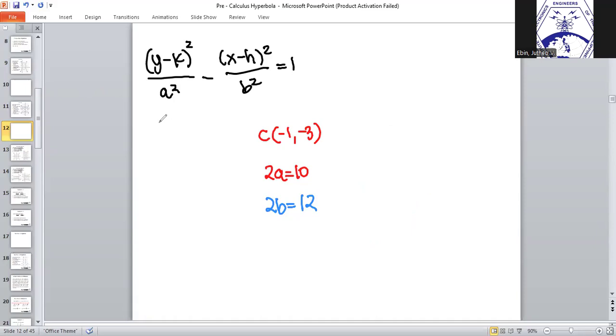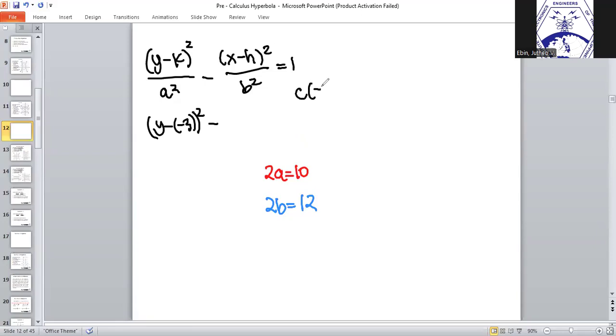So y minus negative 3, y minus negative 3 squared. Ito yung k, minus, purahin na natin ito.